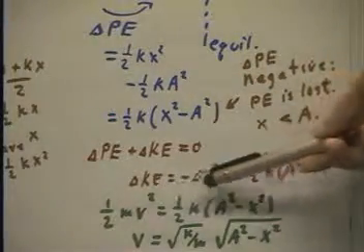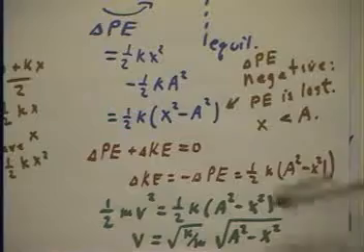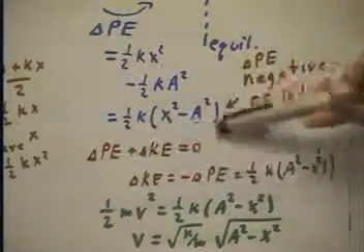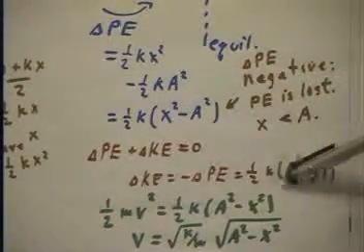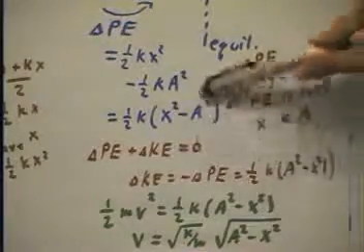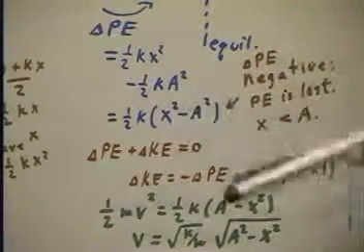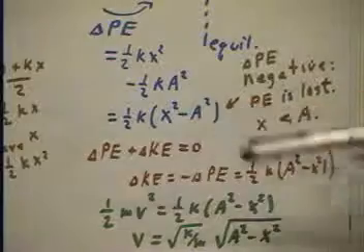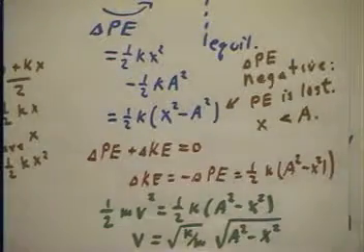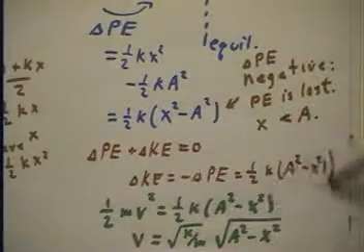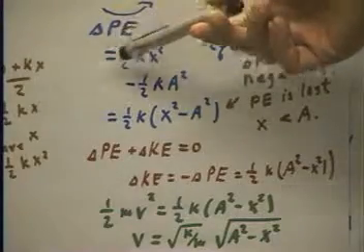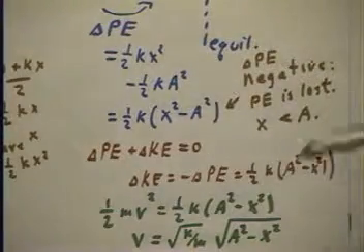So our change of kinetic will be negative the change of potential. If we take the negative of this thing, notice that I've reversed the A and the x, and that's equivalent to taking the negative here. The x becomes negative, the A becomes positive. We just distributed the negative sign through here and we get this. So this is our change in kinetic energy from the extreme point at A to the point at x.